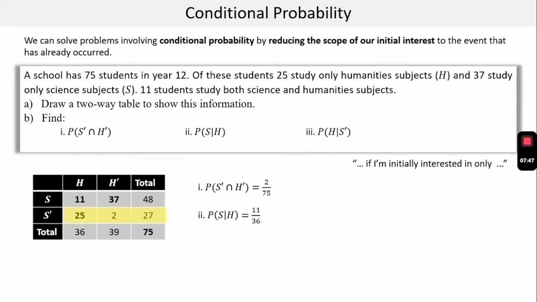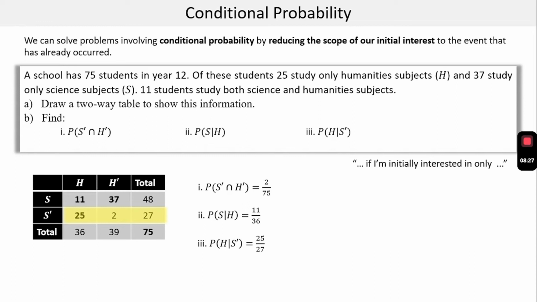These are the highlighted students. In total, there are 27 of them. I'm initially only interested in these 27 students. So going back to answer the question, the probability somebody studies humanities if I'm initially interested in only the students who do not study a science subject. So it's going to be 25 out of these 27.